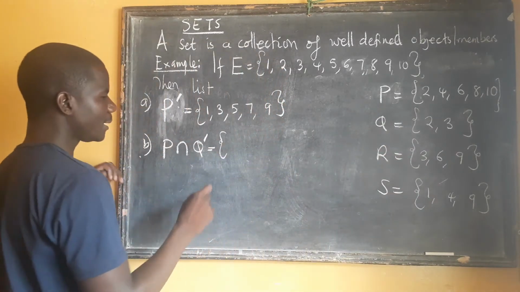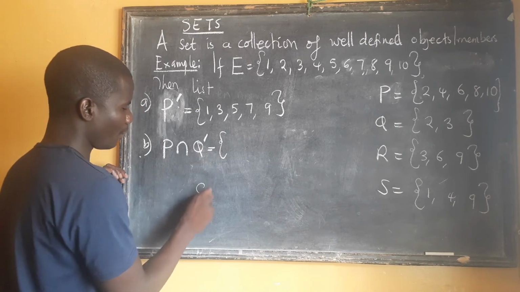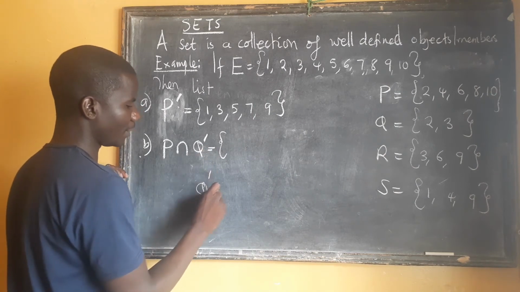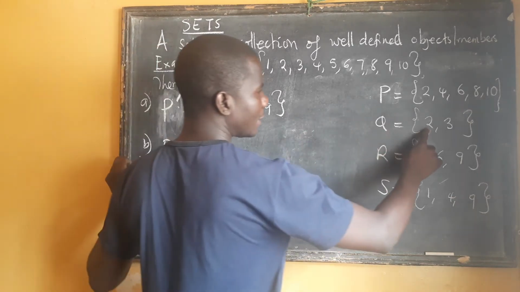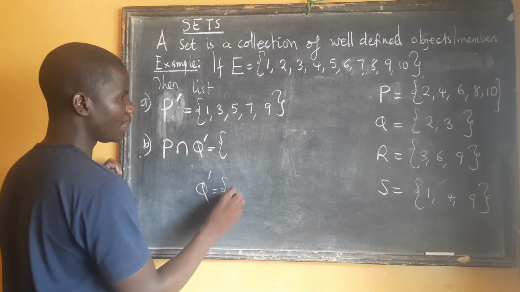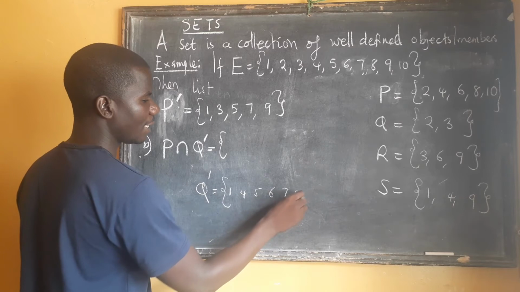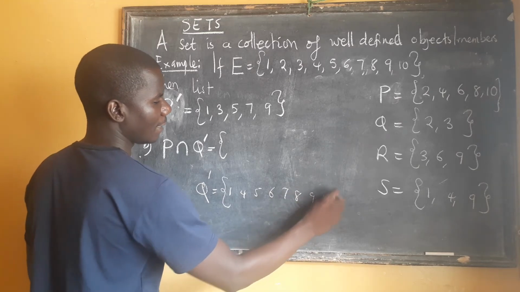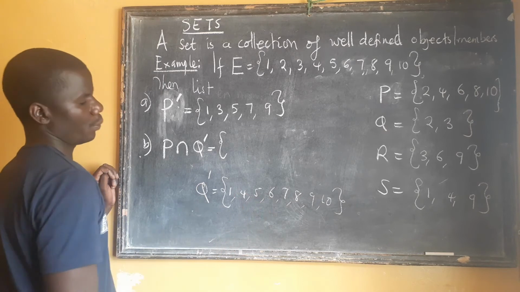Then the elements that are not in Q. What is in Q is just 2 and 3. So the elements that are not in Q, which is the complement, is going to be 1, 4, 5, 6, 7, 8, 9, and 10. These are the elements that are not in Q.